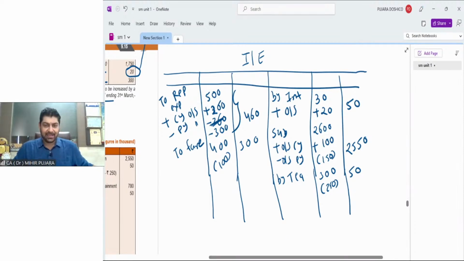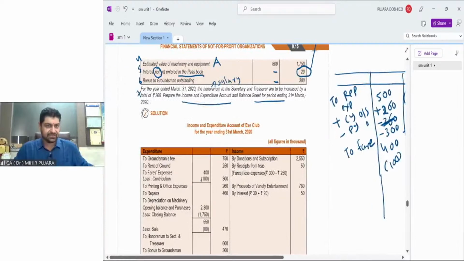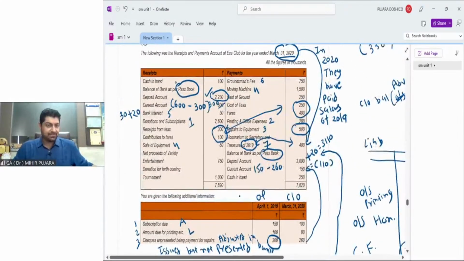Okay. And now, in sequence, we were on the receipt side. So opening cash balance we have done. This bank balance BRS, if you recall, was a point of bank reconciliation. Balance is given as per passbook.